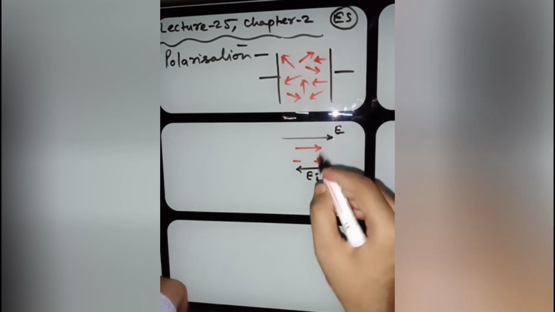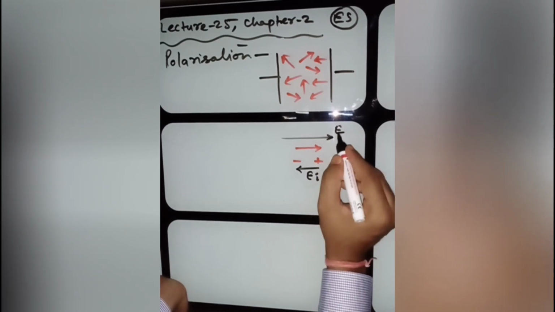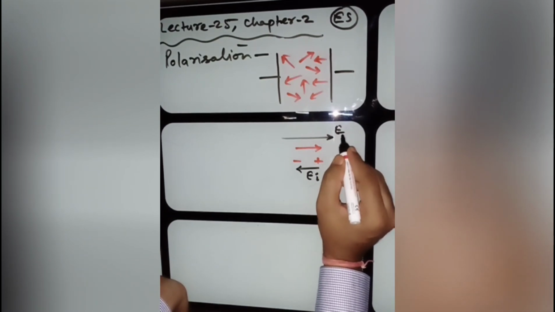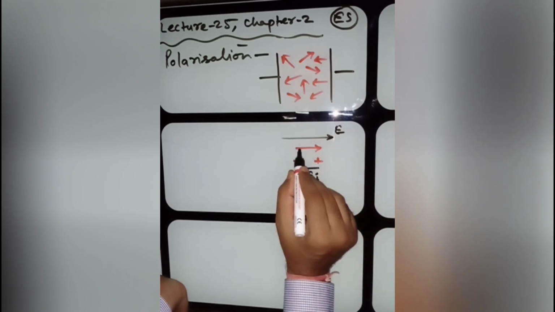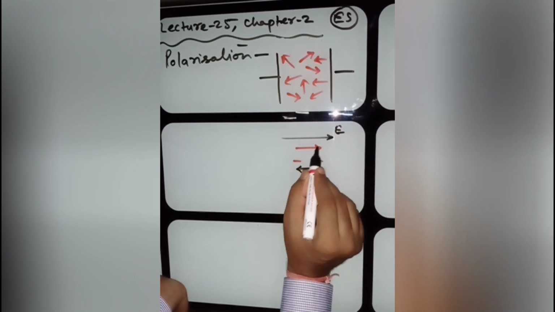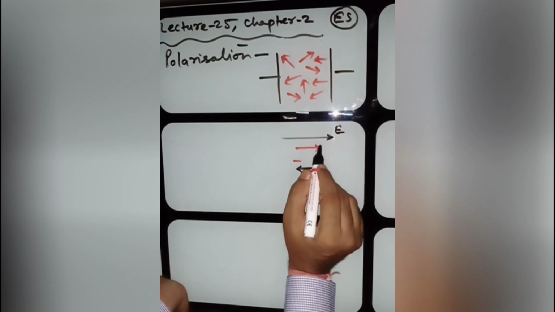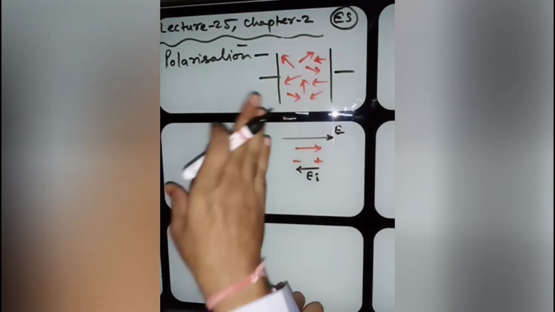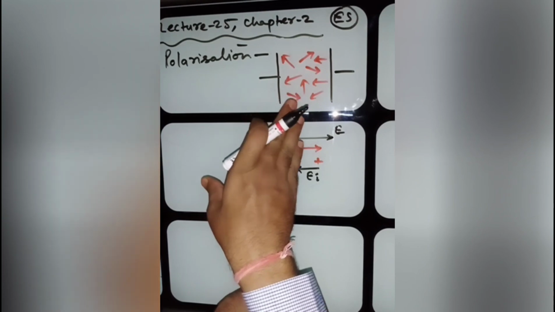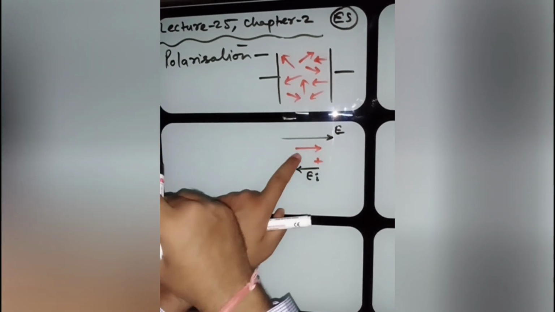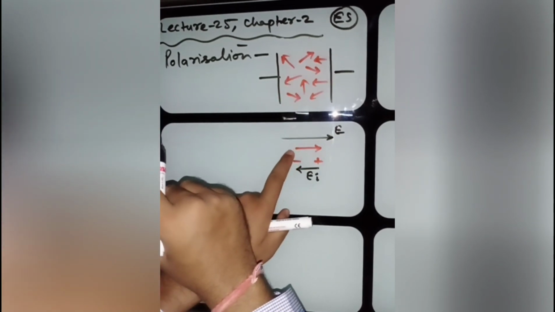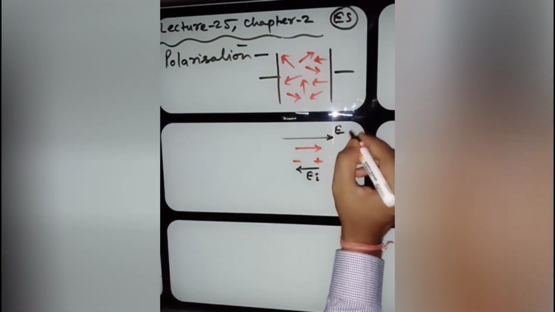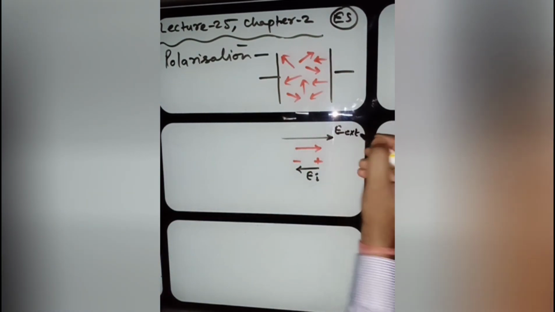It means, as we know, the induced electric field will be opposite to the applied electric field. It means the dipole will align in the direction of the applied electric field. So remember the alignment of the dipole moment due to the external electric field.